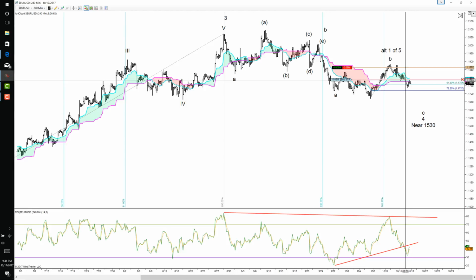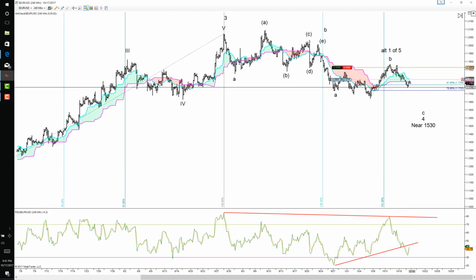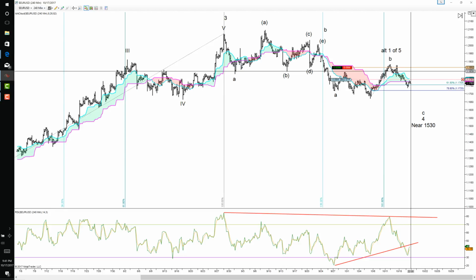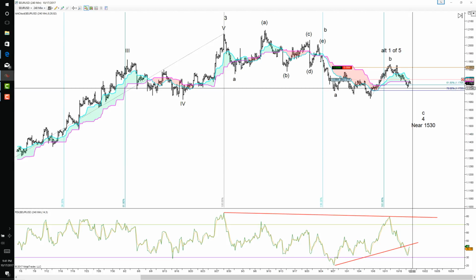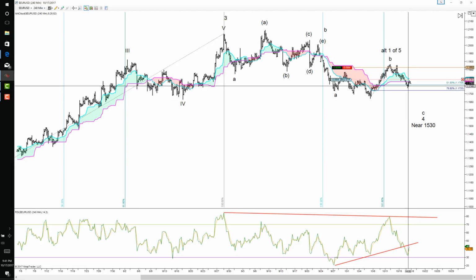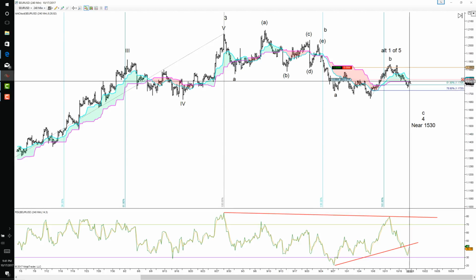1780. Once prices broke 1780, I lowered my stop to 1800, and then it actually found some support. I was looking for it to find its support at 1725. It found support at 1735, 34 or so, and then you saw a small spike up, but then it found its resistance near 1780.